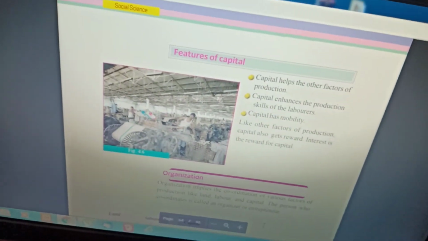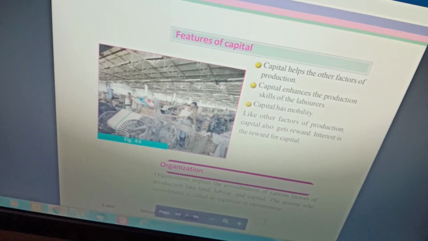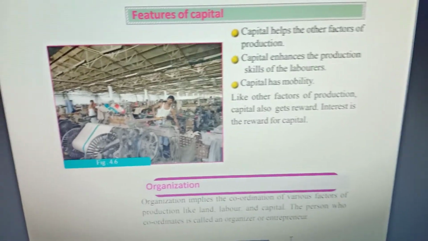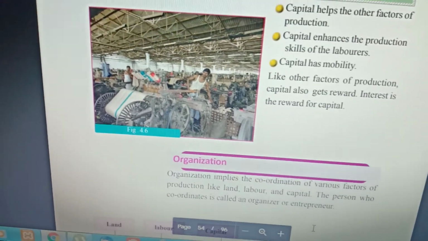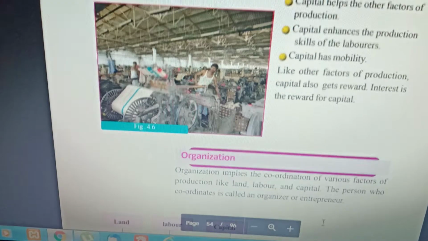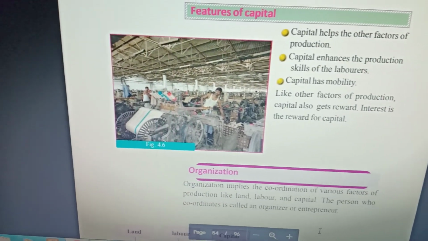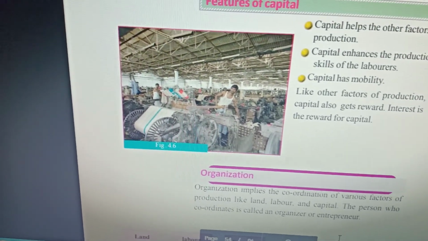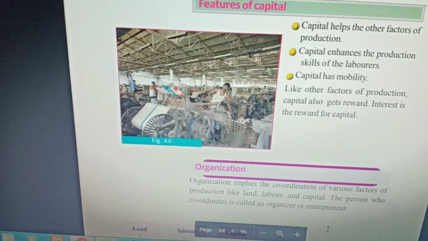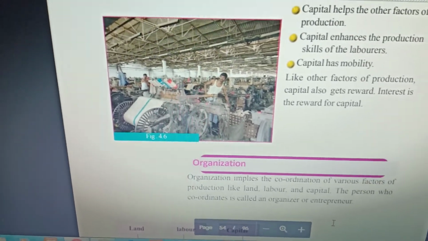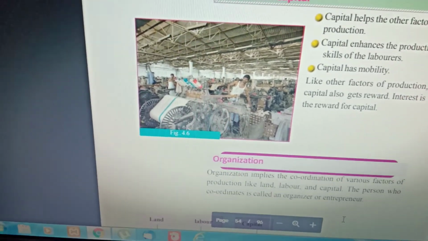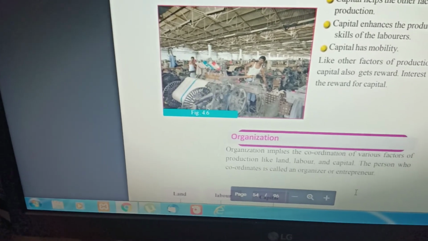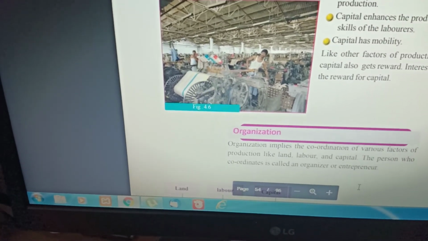For example, if a company sets a target that an employee needs to make 100 pieces of an item per day, and that person makes 150, more than the target, then for the extra 50 that he made, the company will give him incentives, so that it will be a motivation for him to make more in the next days. That is how capital enhances, that is, increases, the production skill of laborers.